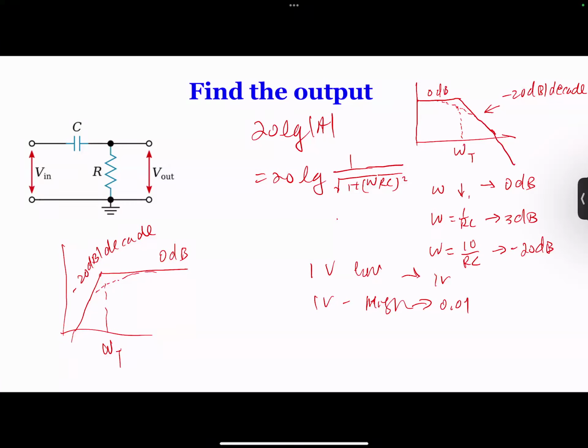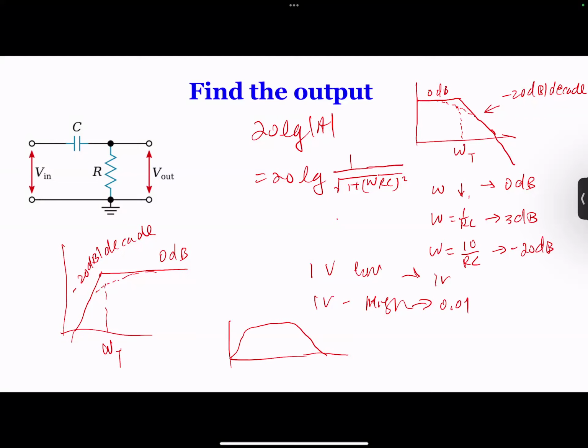So in the future, you might see something like this. What is this? This can be called a bandpass, because in the middle, you amplify, but the low frequency gets attenuated and the high frequency gets attenuated. And you have two 3 dB frequencies, one on each side.